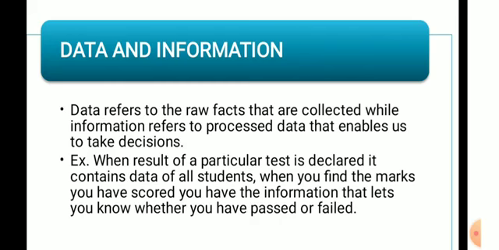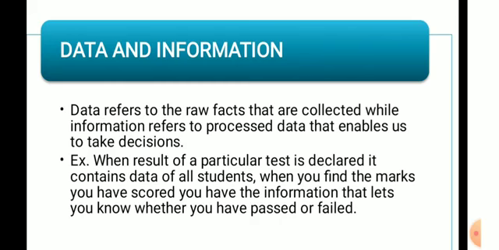Now the data is being processed. That means some information has been derived from the data, so we use the term information. We can take some decision based on it. For example, when the results of a particular test are declared, they contain data of all students.